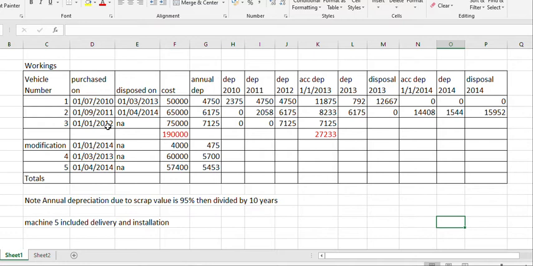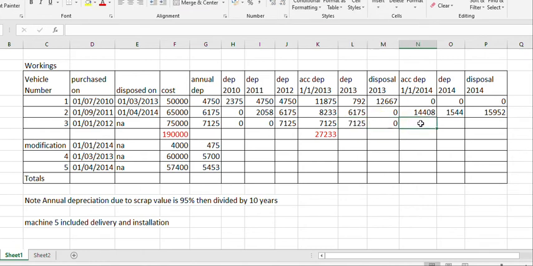Machine 3, however, machine 3 we did not dispose of at all. So we still have machine 3. The yearly depreciation is 7125. So I'm just going to go to 2013 depreciation, 7125, no disposal.